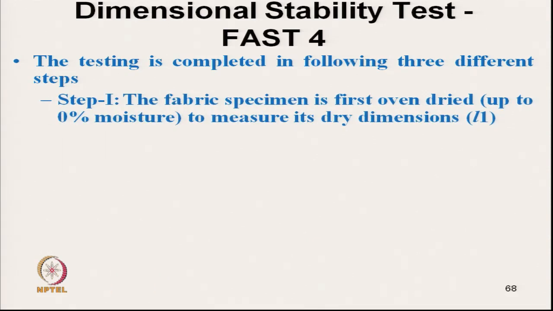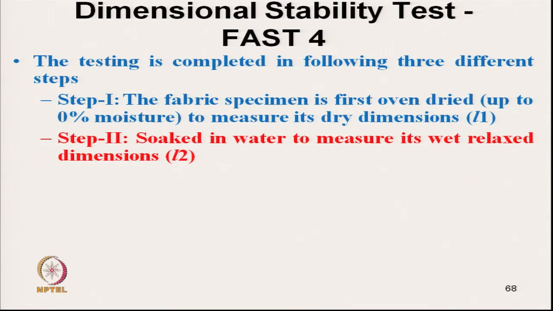The test here has 3 distinct steps to complete. The protocol is that in step 1, the fabric specimen is first oven dried up to 0% moisture, and its dry dimension L1 is measured.